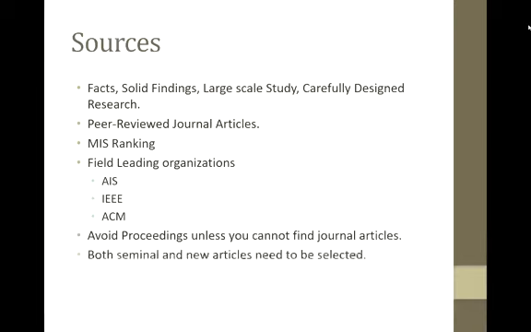Second, the rest of the criteria you see on the slide here: peer-reviewed journal article in the field of information system, you find MIS ranking journal, or find a trustworthy organization. All these are used to support the idea of a good article or good sources for your literature review. And so let's focus on how we narrow down to the good sources and find good articles.